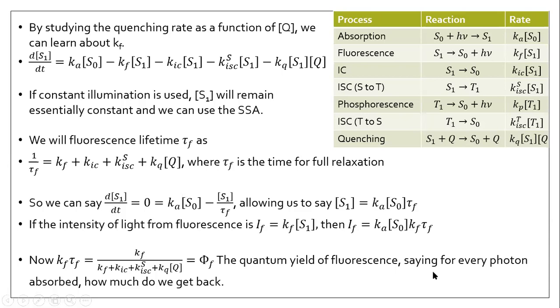For every photon absorbed, how much do we get back? How much do these other terms reduce this? What is our total yield of fluorescence? Essentially, if we absorb some light, how much light do we get back? Is it 100% efficiency or 75% efficiency?